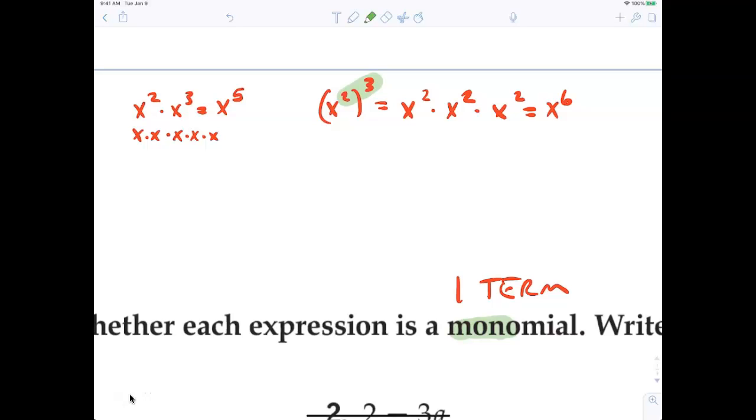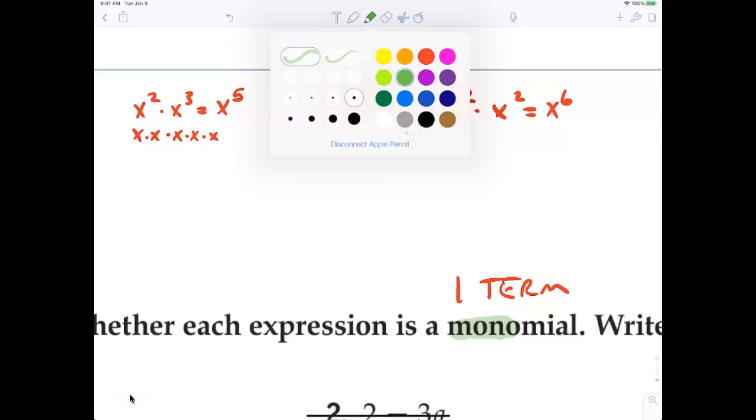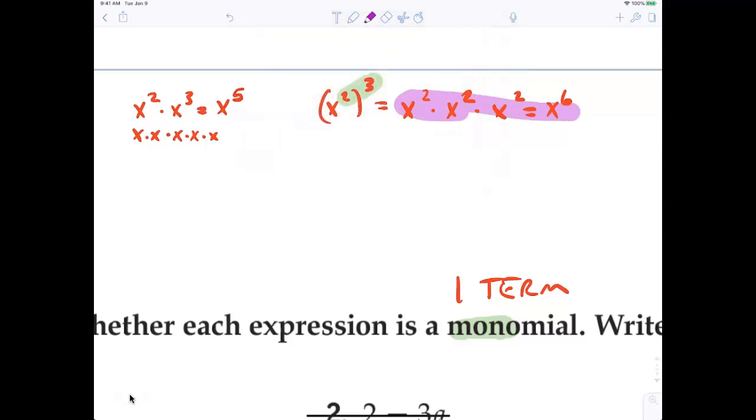Now, I'm trying to get everybody in here to understand when you forget, this is what you go back to. You just make something up that's small so you can figure it out. I think everybody understands that x squared cubed means x squared times x squared times x squared.